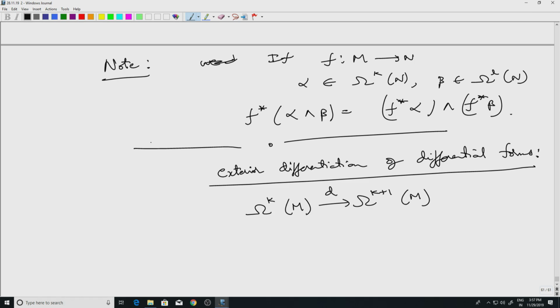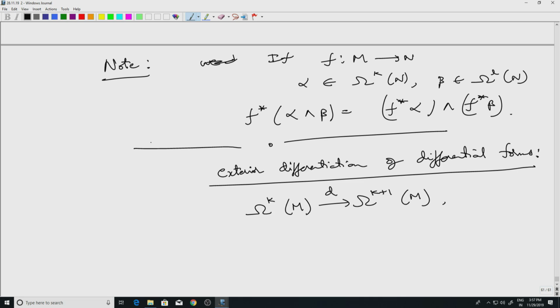Strictly speaking, I should put a subscript k on d, because when I just write d, there's a chance of confusion, since I'm using different Omega^{k+1} and Omega^{k+2} but still the same d. Usually one doesn't put a subscript, so let's just follow the convention and write it like this.